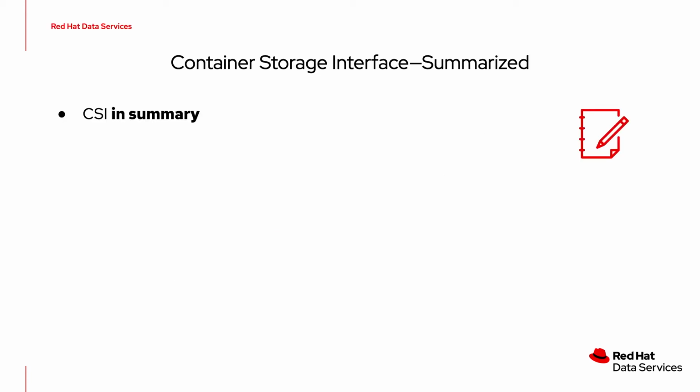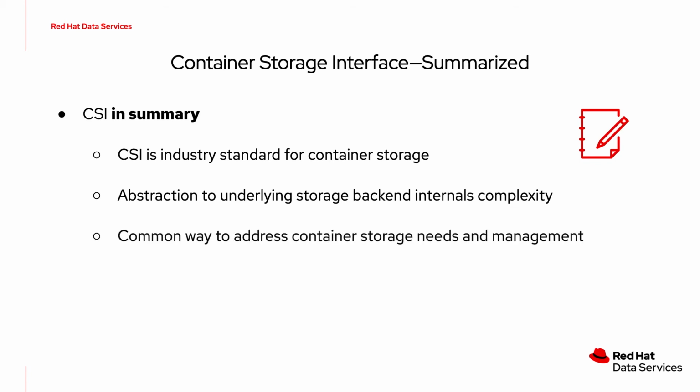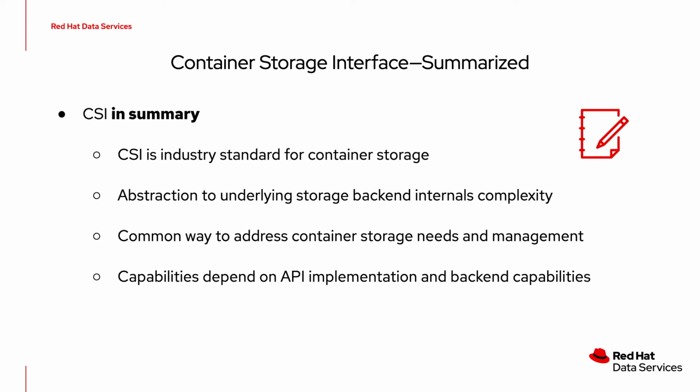So to summarize, CSI is an industry standard for container storage. It's an abstraction to the underlying storage backend internal complexity. It's a common way to address container storage needs and the operation and management of the storage within the container native environment. And again, capabilities depend on the API implementation and backend capabilities.